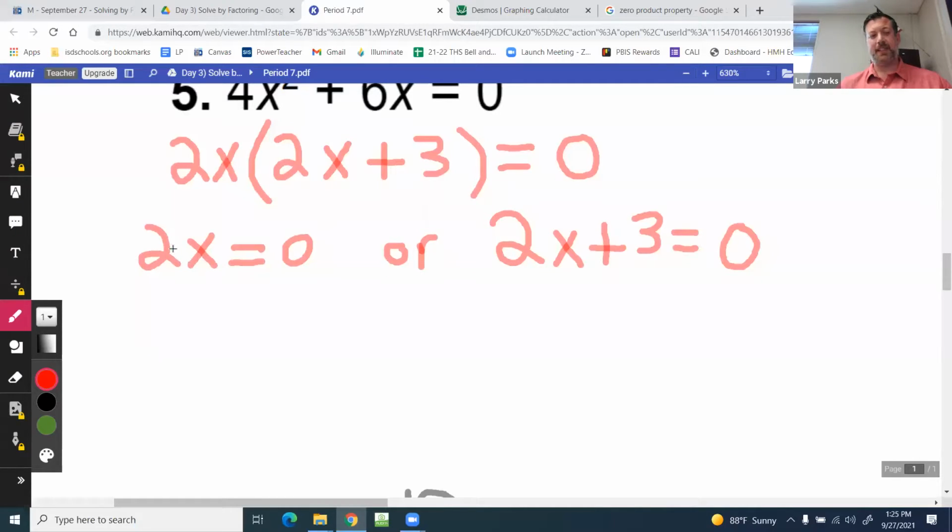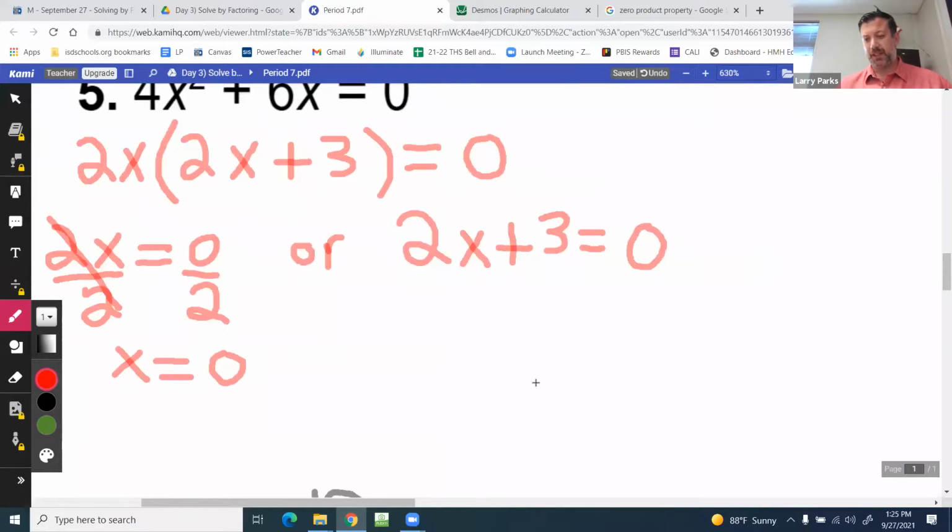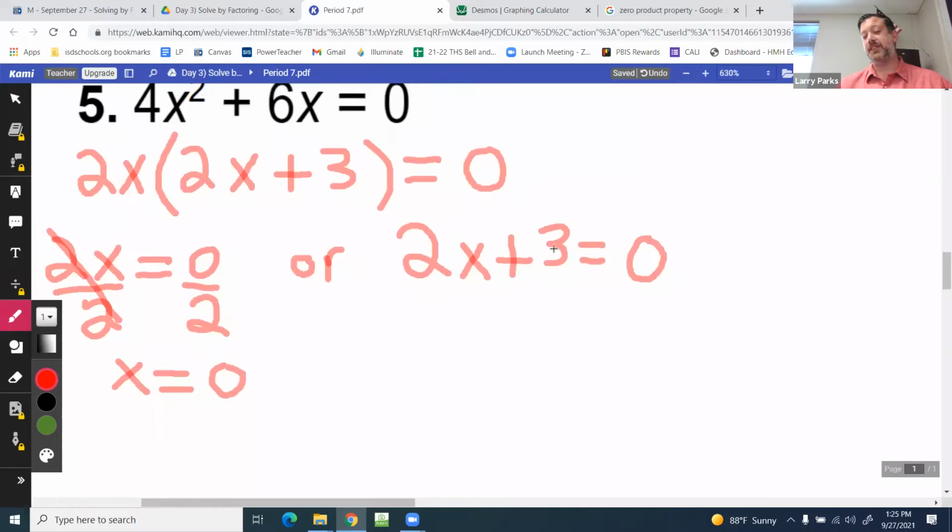Now solving this is easy because 2 times what is 0? That'd be 0. Or you could divide both sides by 2. And 0 over anything is still 0. Those cancel. And you get x is 0. So I have one x-intercept is 0, one solution is 0. For here, I could do this one in my head. That'd be -3/2. But just to show the work, I'd subtract 3 from both sides. Those go away.